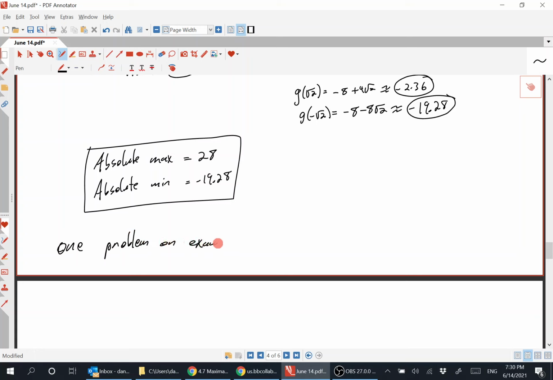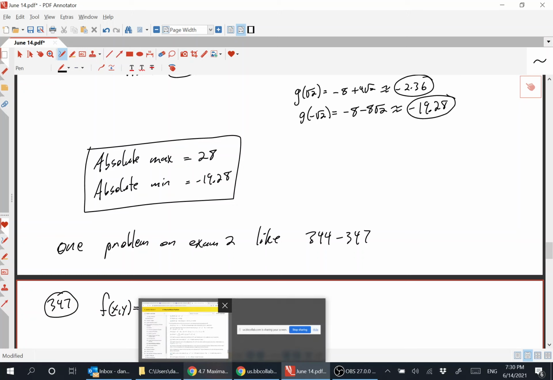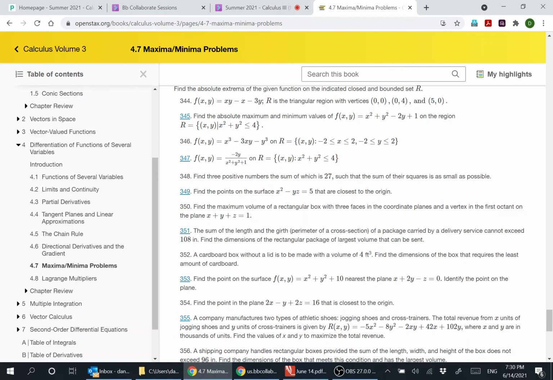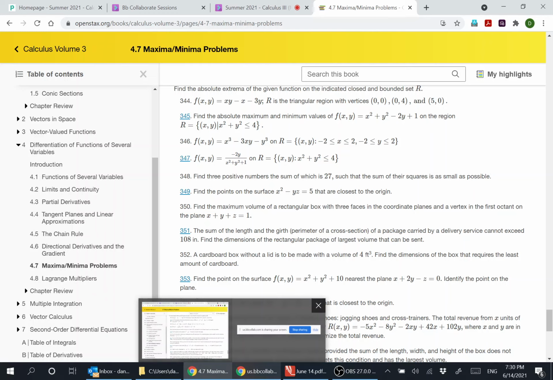On exam 2, like 344 through 347. So let's try 347. So here we've got f(x,y) equals minus 2y over x squared plus y squared plus 1.